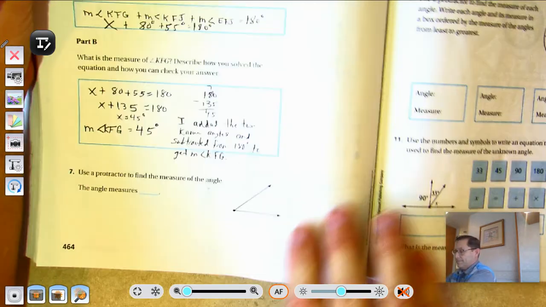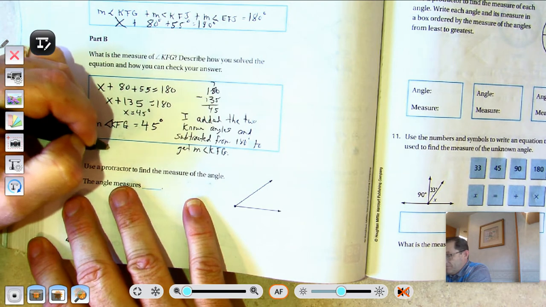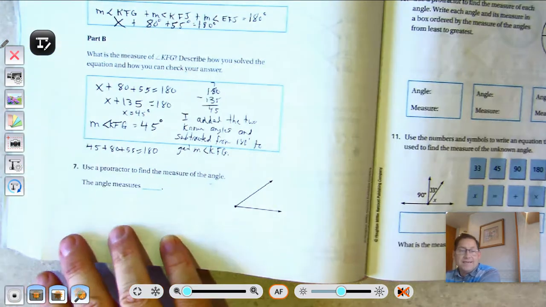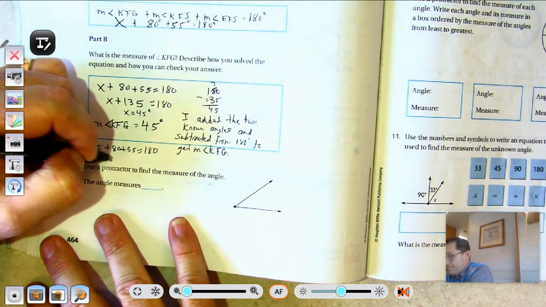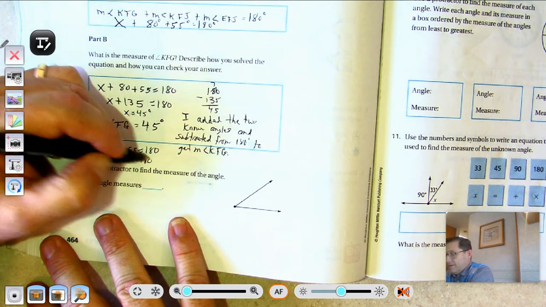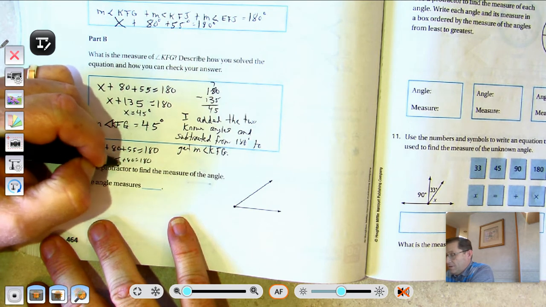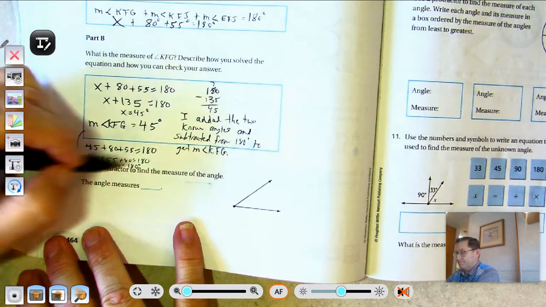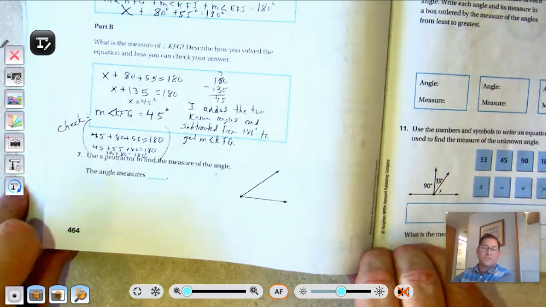Well, to check, we would just add the three angles. 45 plus 80 plus 55 should give me 180. 45 plus 55 is 100. 100 plus 80 equals 180. That's my work for checking it.